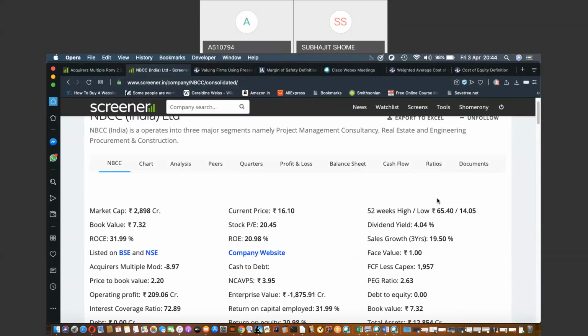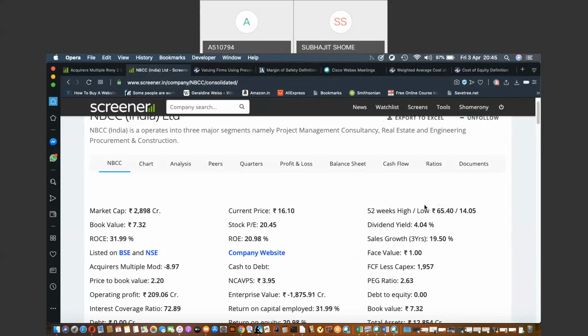Now earnings per share is equal to, it goes in the reverse direction, 16.10 divided by 20.45.